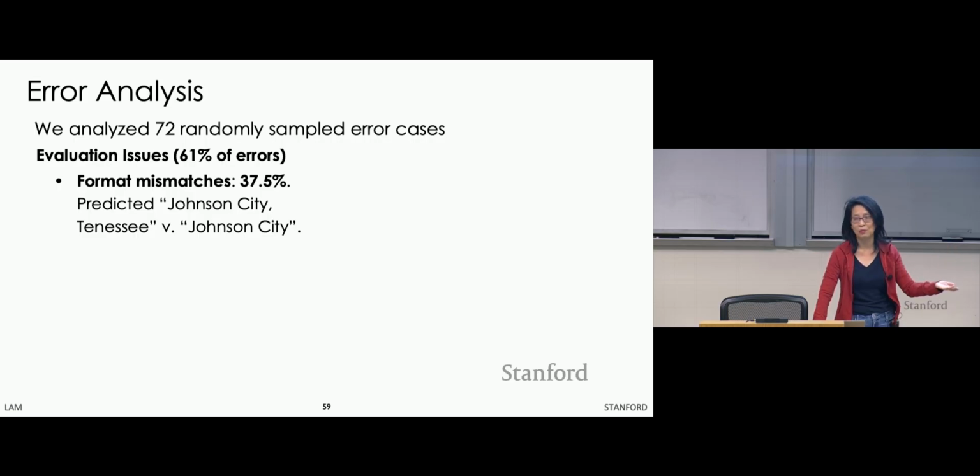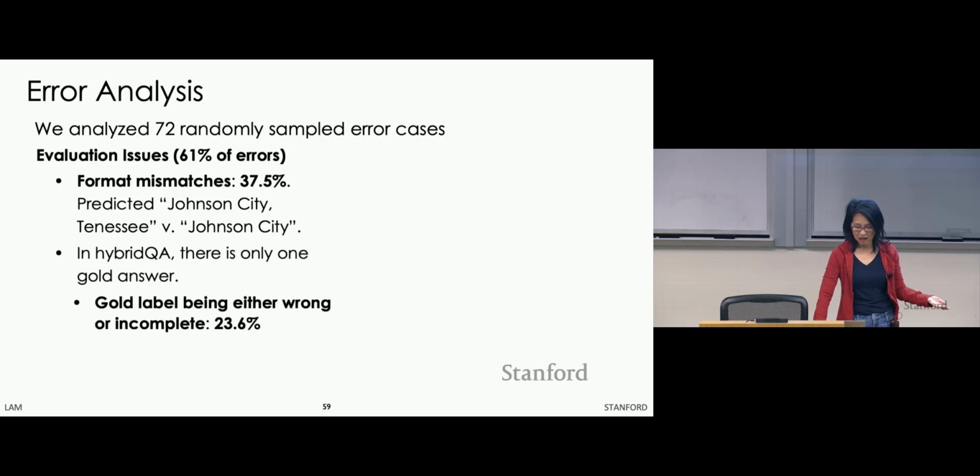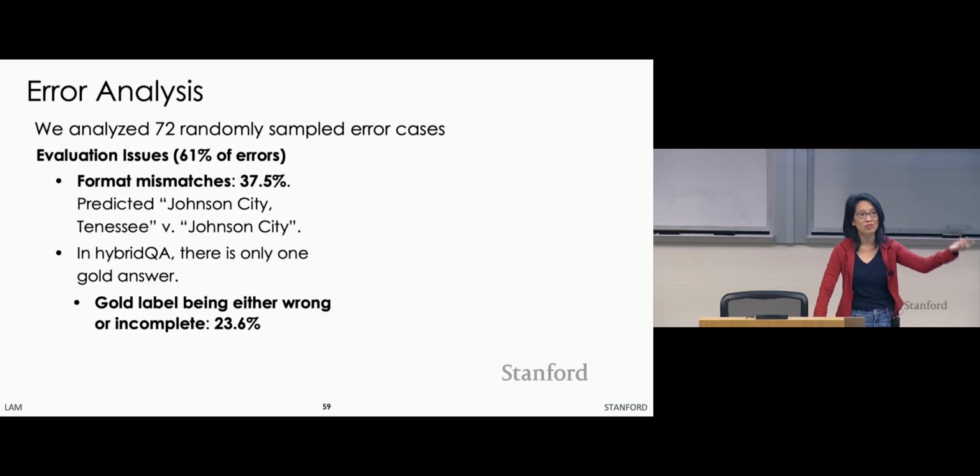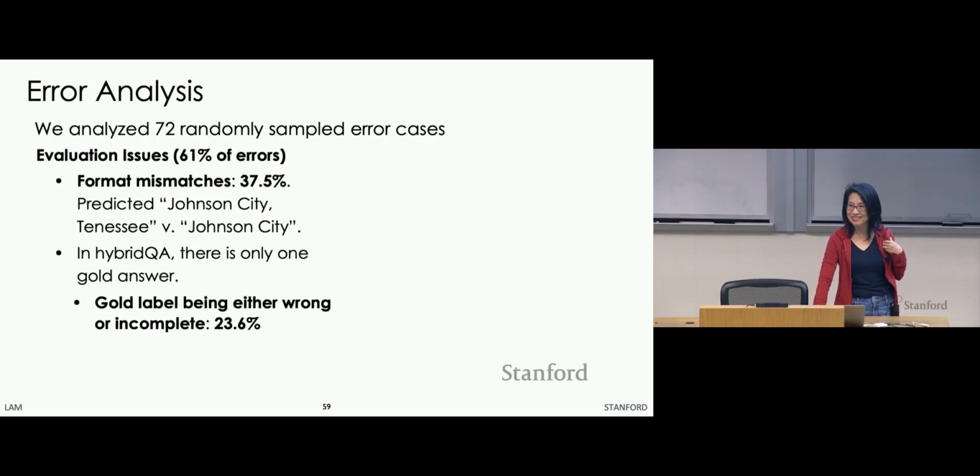Of course, that was a perfectly good answer. Another one is that there is only one gold answer, but as a matter of fact, there are multiple answers. So we didn't give the one that they want, and they dinged us for it. And that is 23%. This is a reasonable answer, but not when you're doing an evaluation.